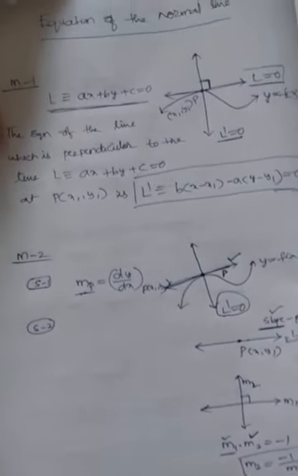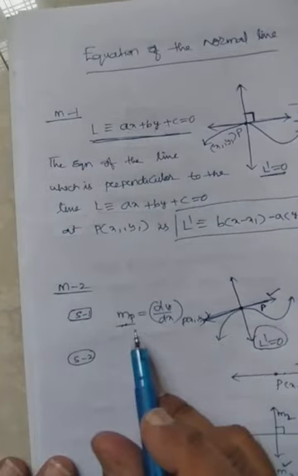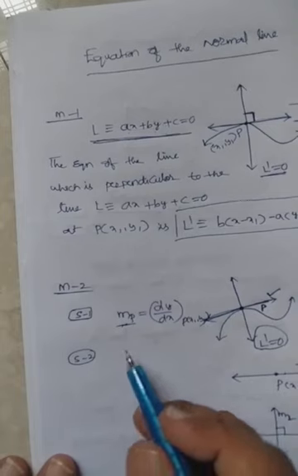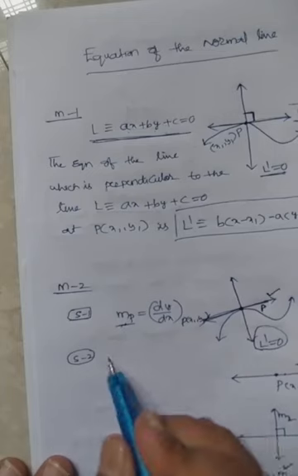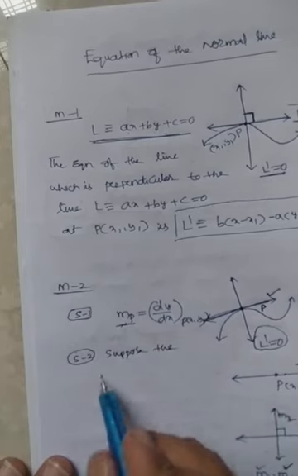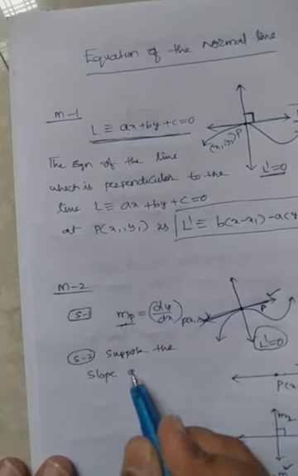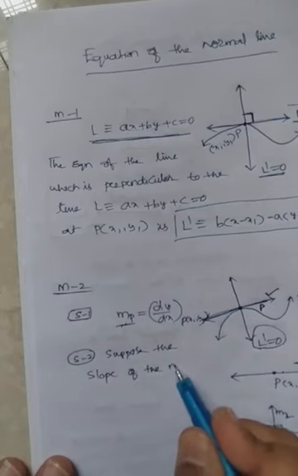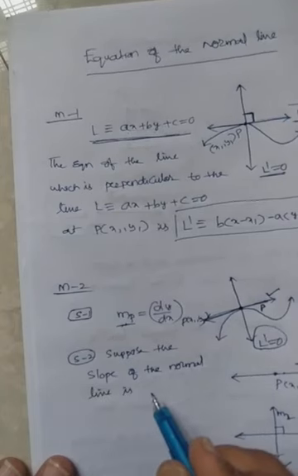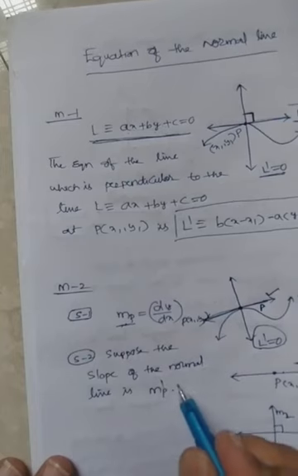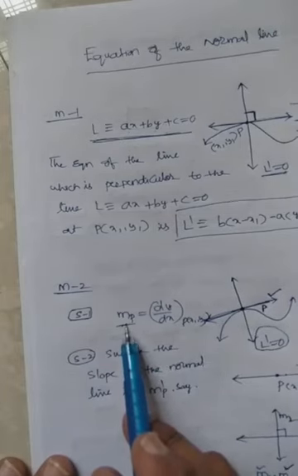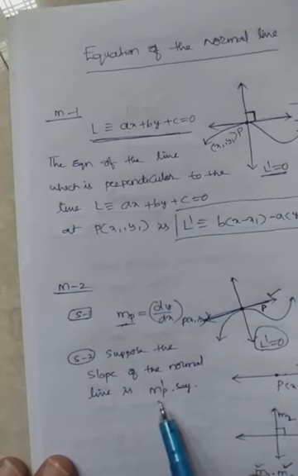Whenever we apply this to our tangent line slope m at P, suppose the slope of the normal line is m dash at P. I know the slope of the tangent line, and I need to find the slope of the normal line.